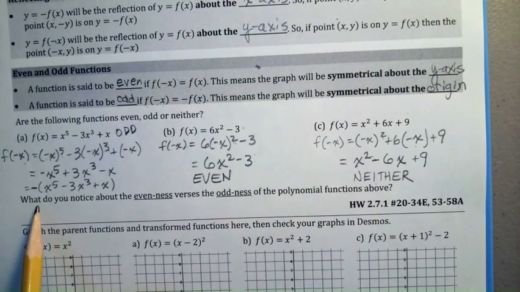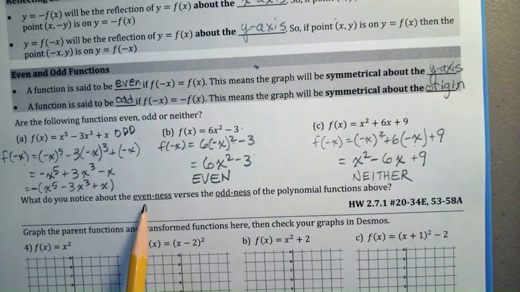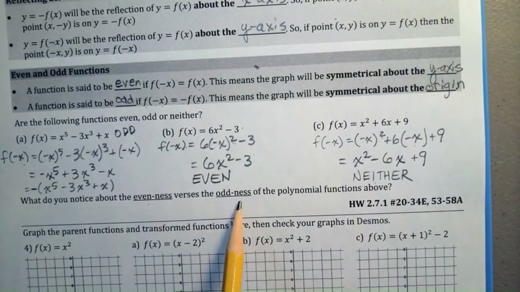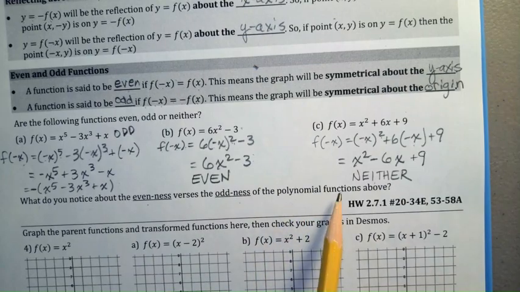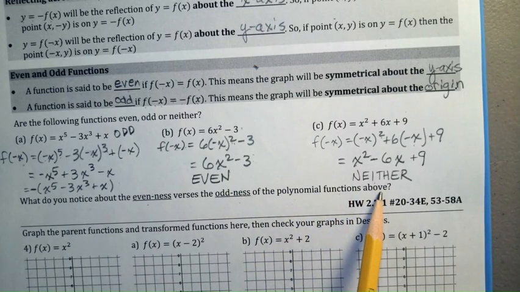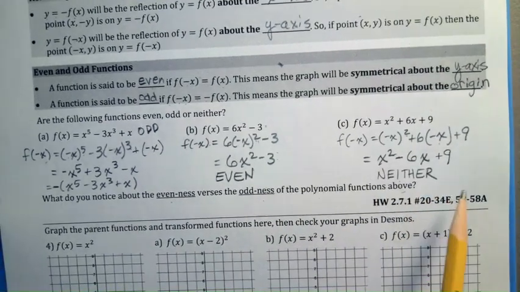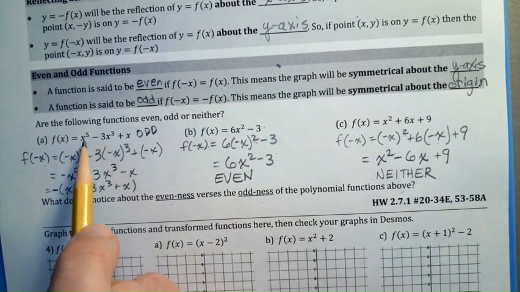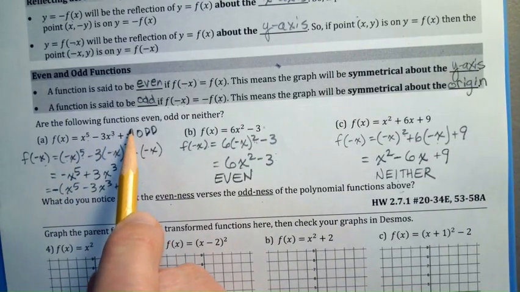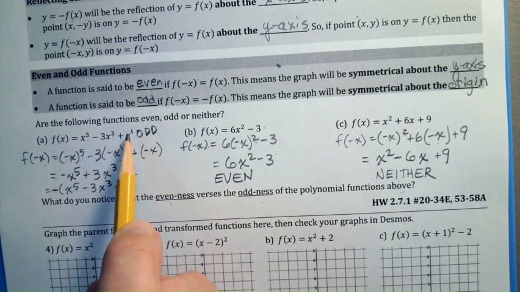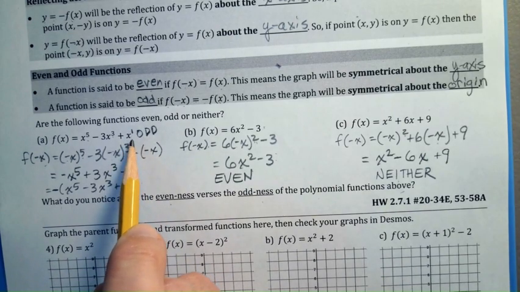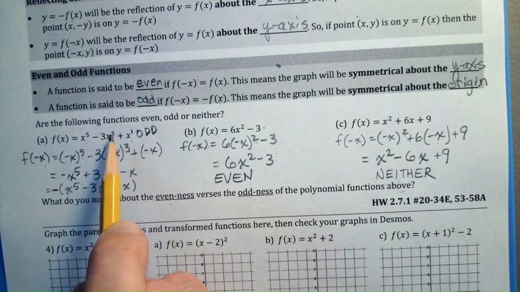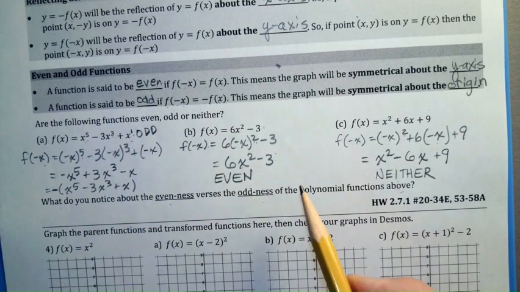All right, so this question says, what do you notice about the evenness versus the oddness of the polynomial functions above? And so probably you notice that the exponents are a good clue. I'm going to add the exponent of 1 on this x. Notice all of these exponents are what?